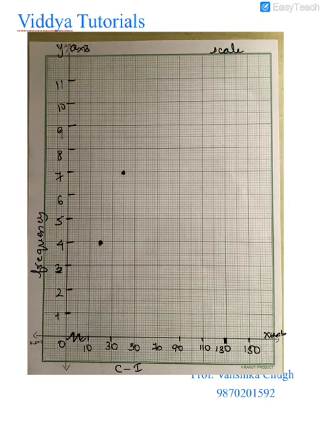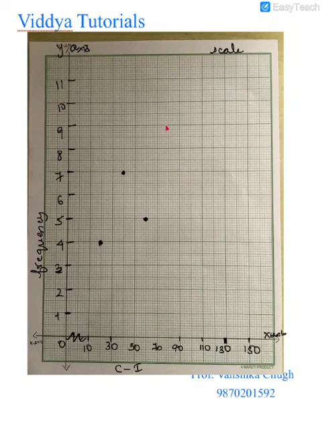Then is my 50 to 70, my class mark is 60 and my frequency is 5. So here is my next point. Your next class interval is 70 to 90 and your class mark is 80. Your frequency is 9.